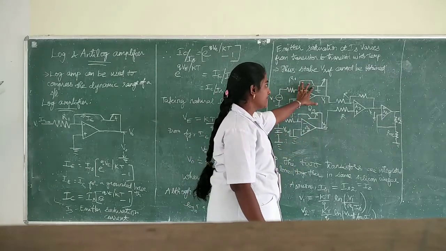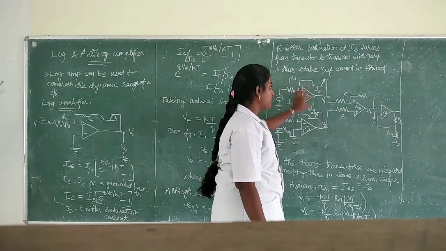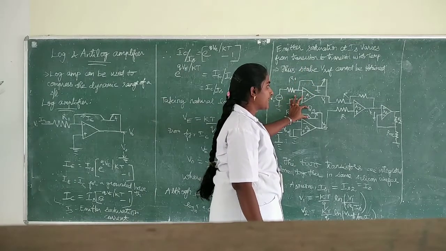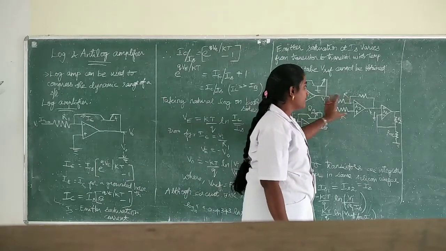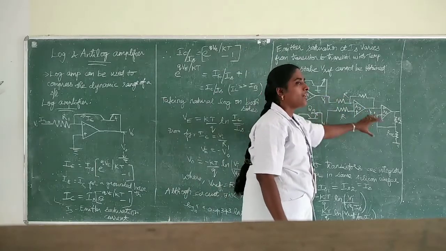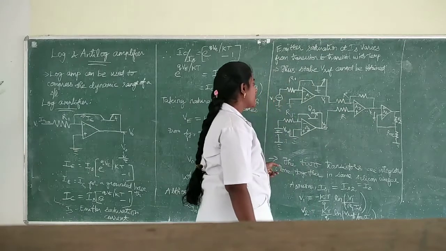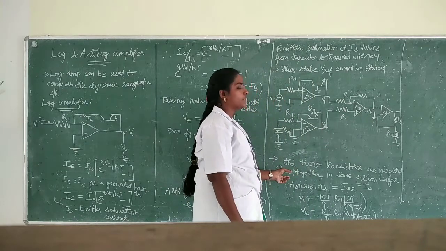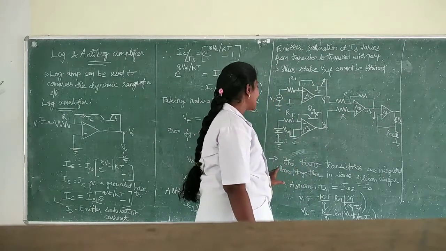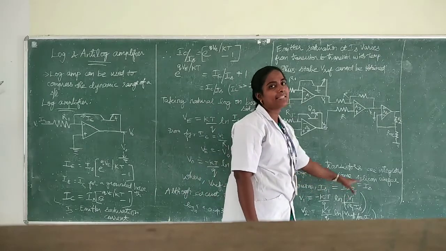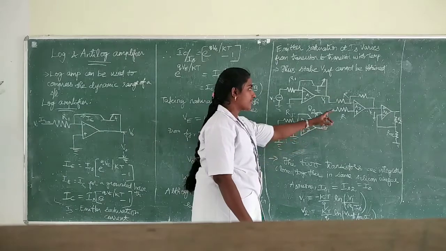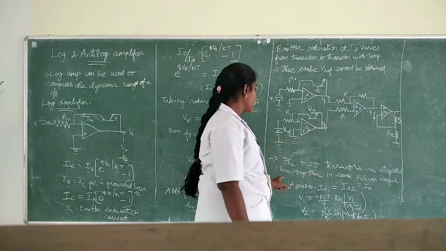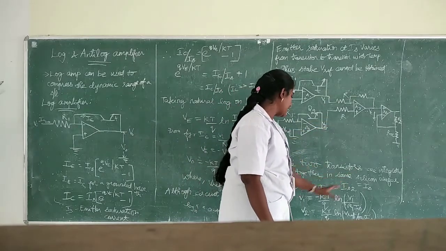Here the diode-connected transistor is kept in the feedback circuit, and it is connected to another amplifier. These 2 transistors are integrated close together in the same silicon wafer.